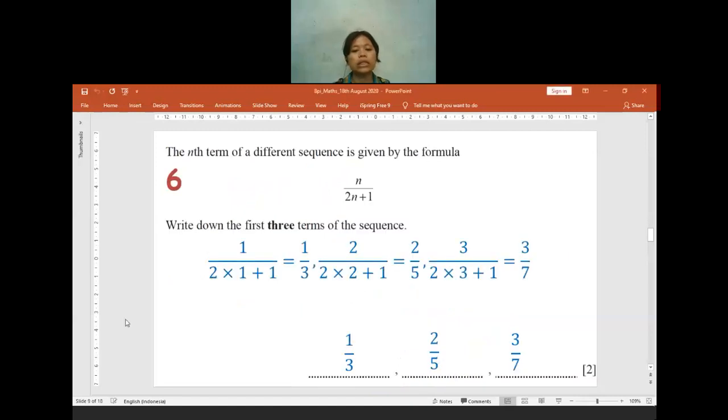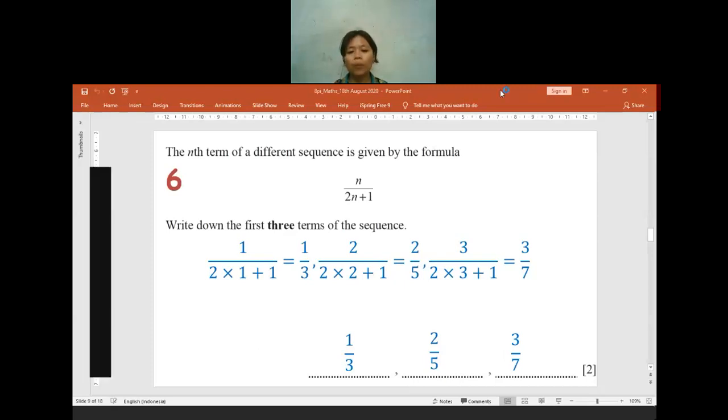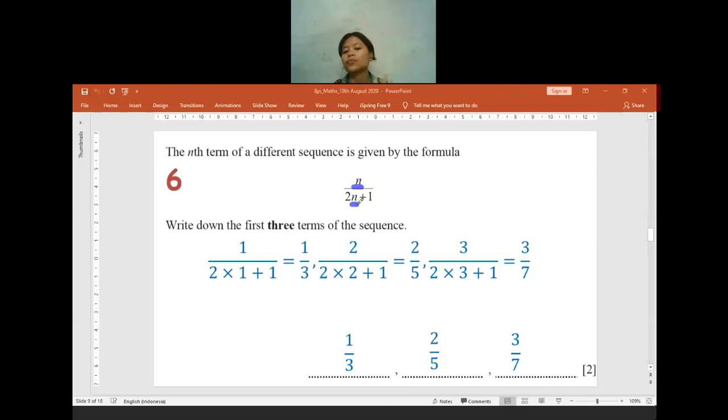So for question 6, we already have the nth term, n per 2n plus 1. We need to find the first three terms. When we are going to find the first three terms, the letter n we will replace with the numbers 1, 2, 3. Why do we have to change it into 1, 2, 3? Because the first three terms are the first term, second term, and third term.